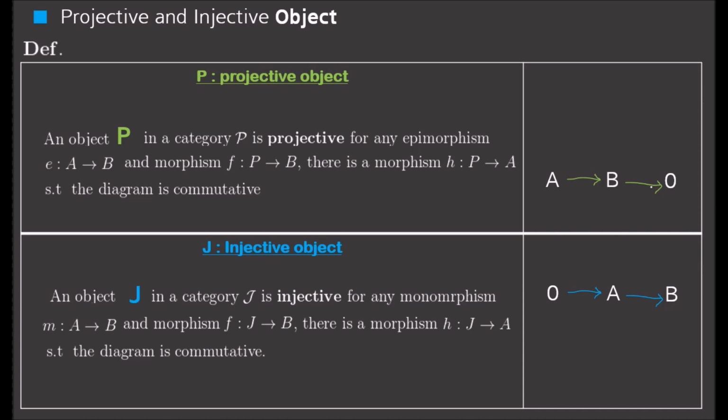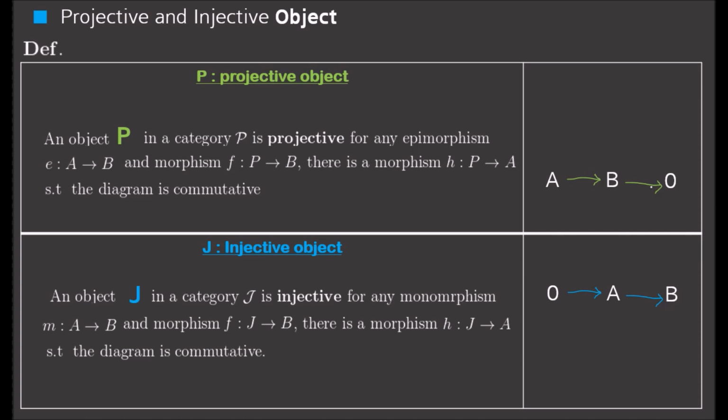If we know the concept of a category, which I covered in the third lecture in my clip, there is a generalization of the concept: the projective object and injective object.